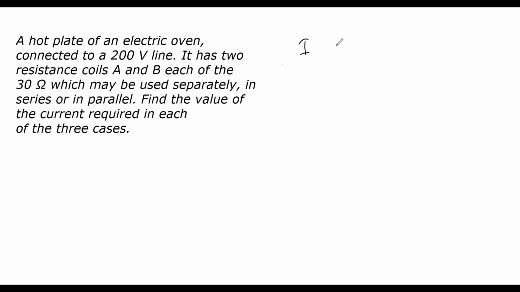So we have three cases. Number one, when it is connected separately. Number two, when they are connected in series. And number three, when they are connected in parallel. So let's begin with the first case. In case one, we have to use one of them separately. So the resistance is 30 ohm and the voltage supply is given as 200, so V is 200 volt.